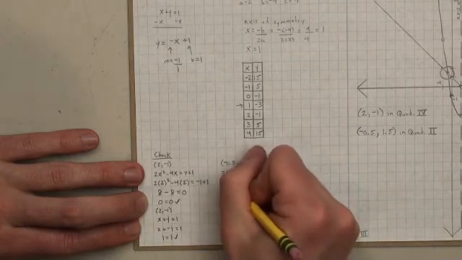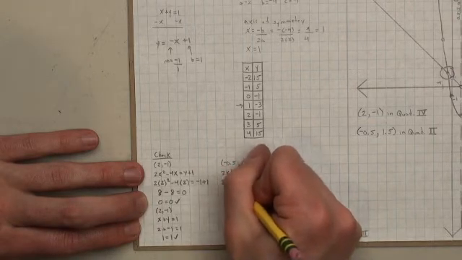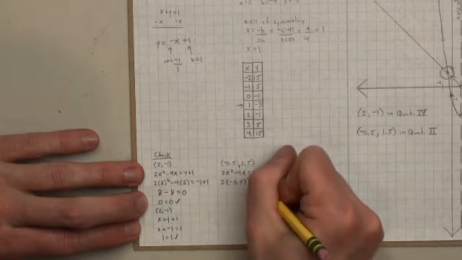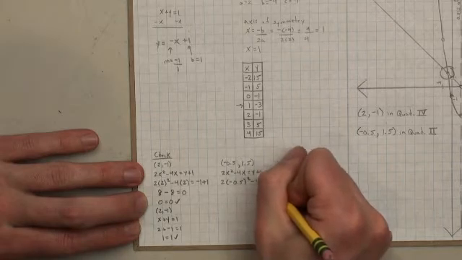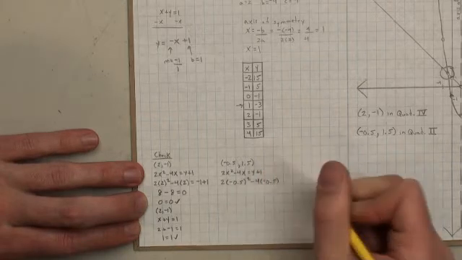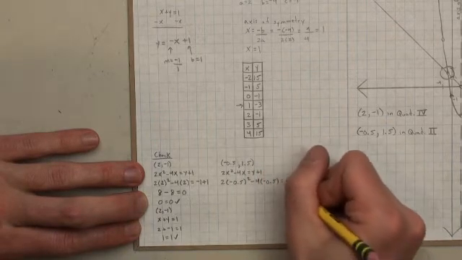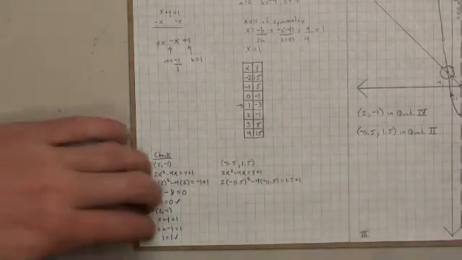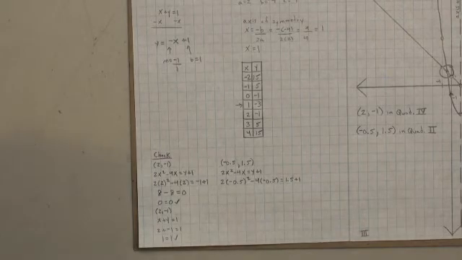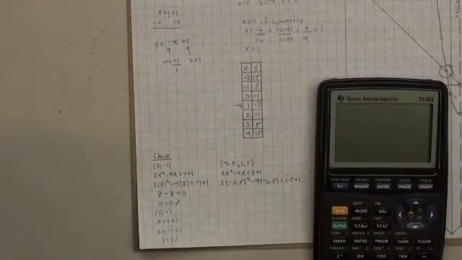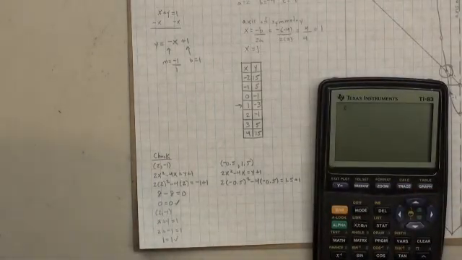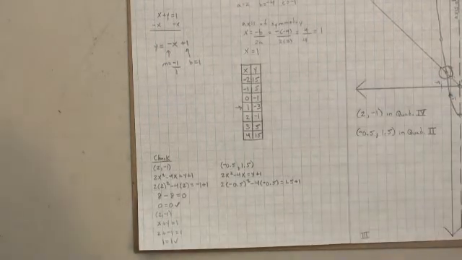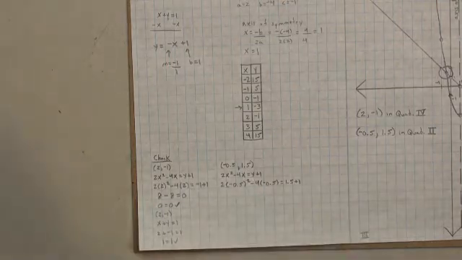2 times negative 0.5 squared minus 4 times negative 0.5 equals 1.5 plus 1. Now, let's do negative 0.5 squared on our calculator just to check this. It's 0.25. And we got to multiply that by 2.